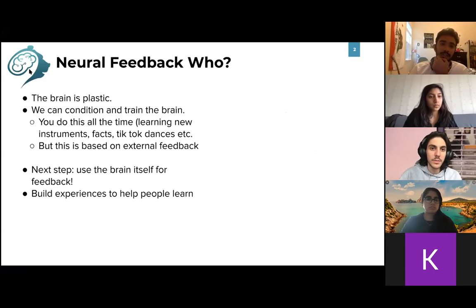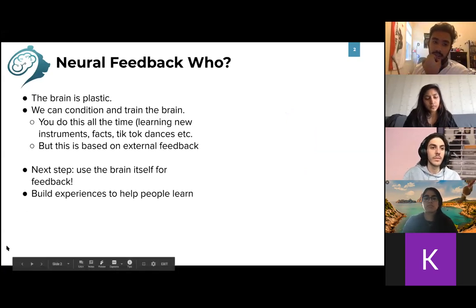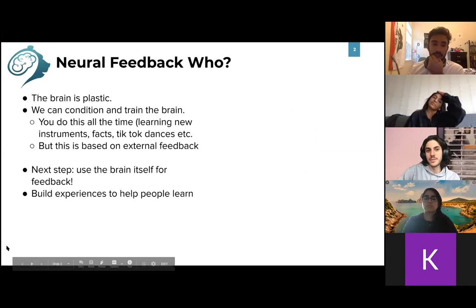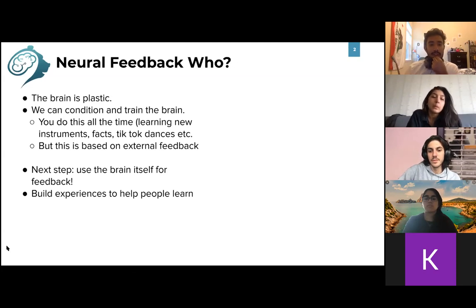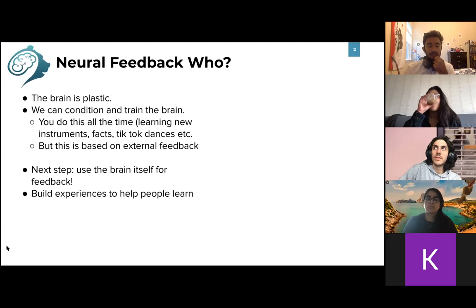So first we can talk about what neural feedback is. Here are just some facts. In general, we know that the brain is plastic, which means that we can mold it and change it and do all sorts of things to it. And as much as we like to think that we're not super Pavlovian, our brains tend to be very easily conditioned.